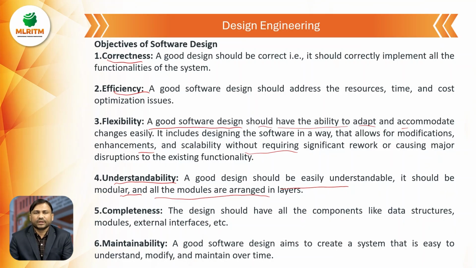Whatever the software application is, it should clearly show the number of modules, submodules, components, subcomponents, etc. Then completeness. The design should have all the components like data structures, the modules I already discussed, external interfaces, how it is going to communicate with the external interfaces, and how the interaction will take place between the user and the system. Everything will be covered in completeness.